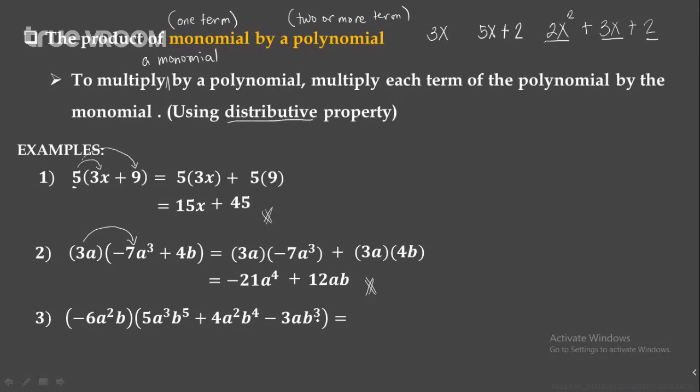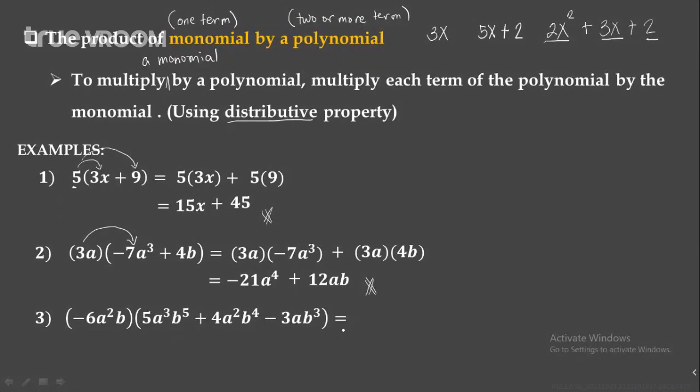How many terms does our polynomial have? 3 terms. So you are going to multiply your monomial to all these terms. What is our first step?